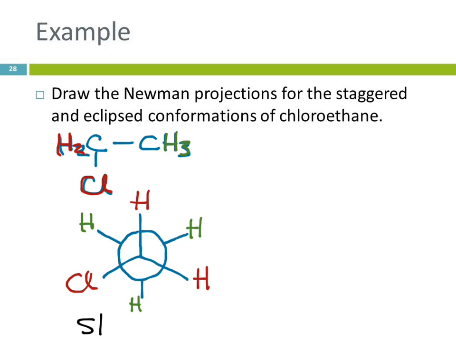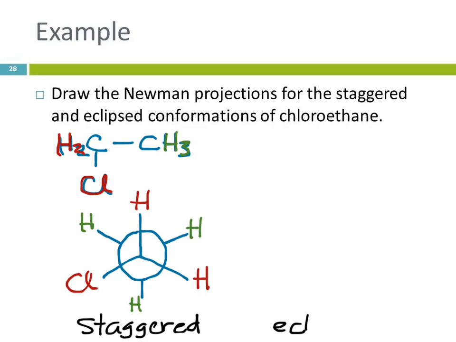So that's staggered. So the ones where I can see the lines all the way to the center, those are on the carbon closest to me. And the ones that are coming out from behind this circle are the ones on the carbon that's behind. Any questions about that?